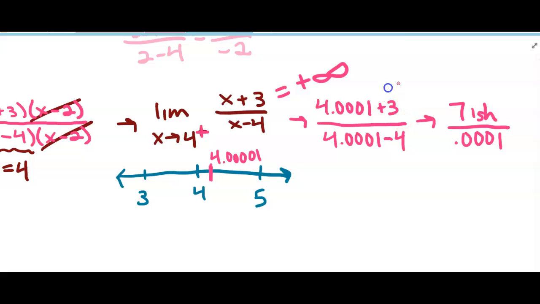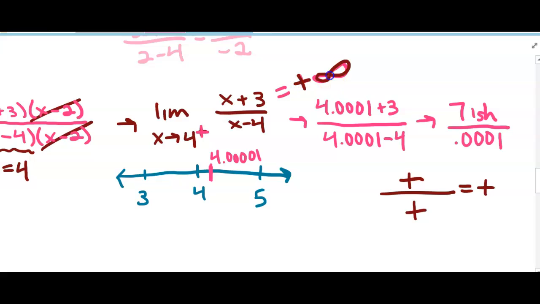So really, all we care about is the sign of my numerator and the sign of my denominator. 4 plus 3 is obviously positive. 4.0001 minus 4 is positive, just barely, but still positive. A positive divided by a positive equals a positive. Boom. I know that my graph is approaching positive infinity.